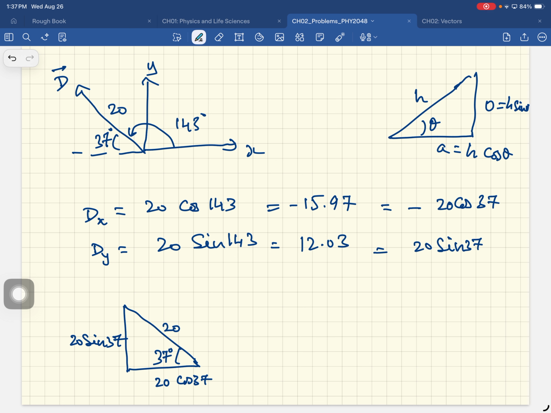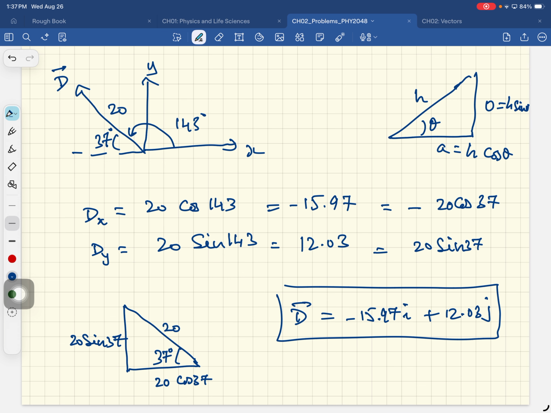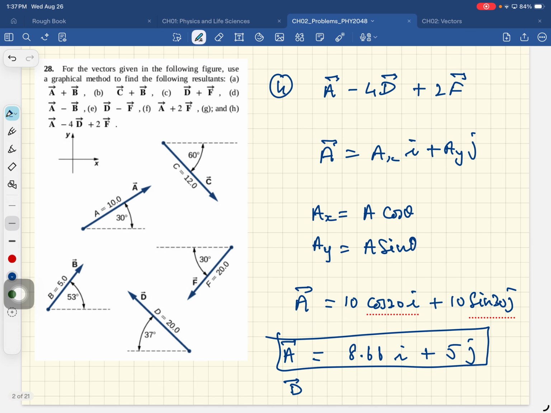Okay, so you should be able to find this. It's just 8.66 plus 4 times that, plus minus 2 times this, and so on.